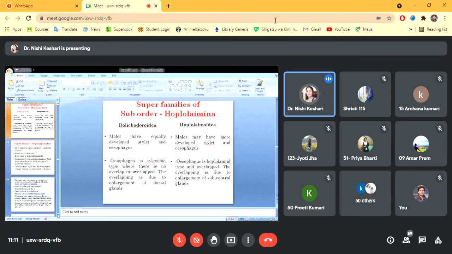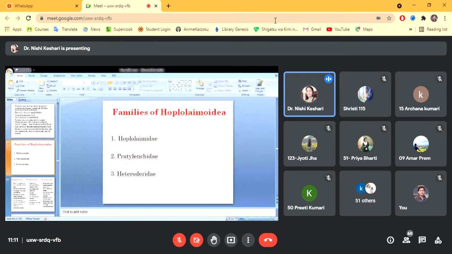The families of Hoplolemoidea are Hoplolemidae, Pratylenchidae and Heteroderidae. Hoplolemina is a very important suborder in which you may find the most important nematodes, like in Hoplolemidae, Hoplolemus, and in Pratylenchidae, Pratylenchus and Radopholus. In Heteroderidae, the most important nematodes are Meloidogyne and the cyst nematodes. So this slide is very important. You just go through this.